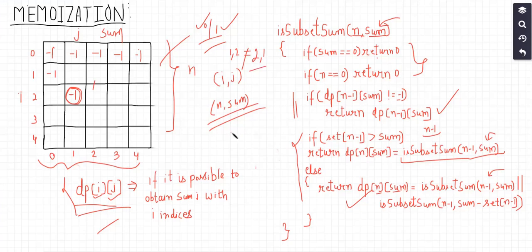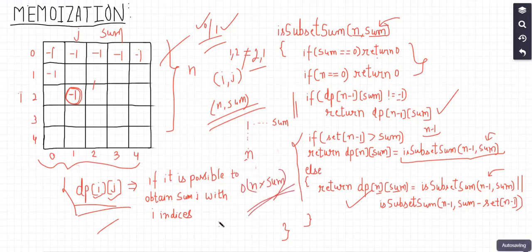So how many unique pairs will there be? If the number of integers goes from 1 to n and the sum goes from 1 to sum, then the time complexity would be O(n times sum). So this is the time complexity.